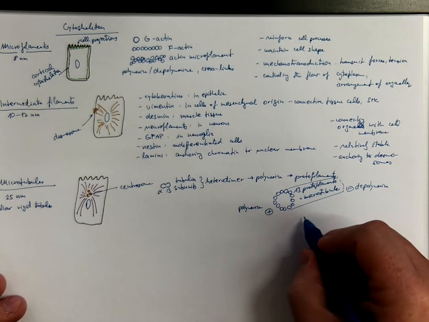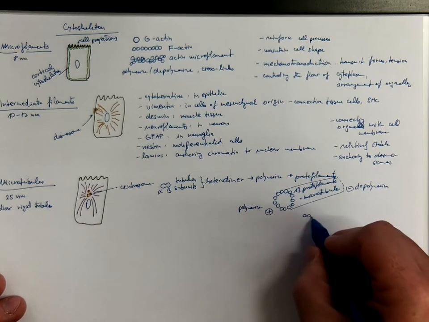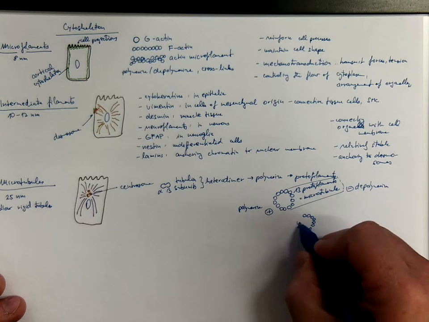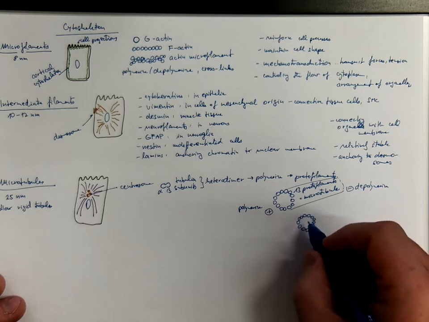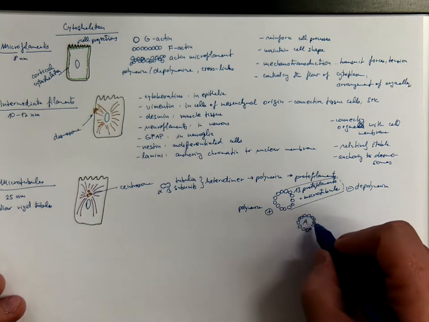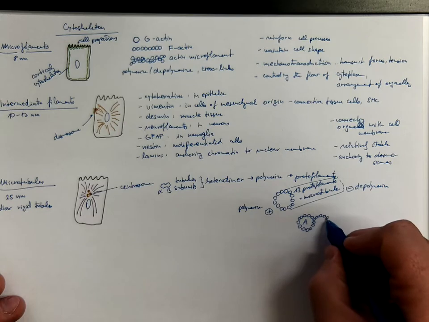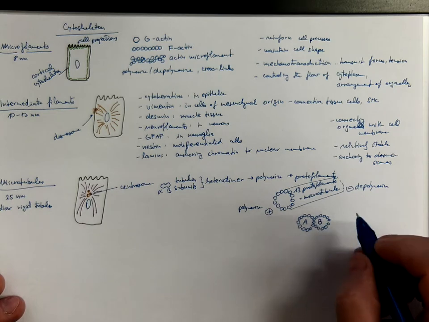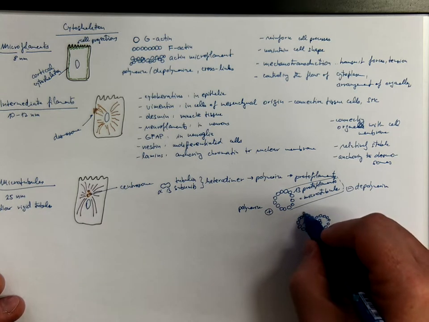A typical arrangement would be a microtubular doublet, where we have 13 protofilaments forming a complete microtubule, and there is an adjacent one made of 11 protofilaments.